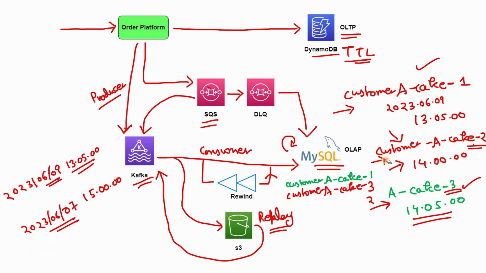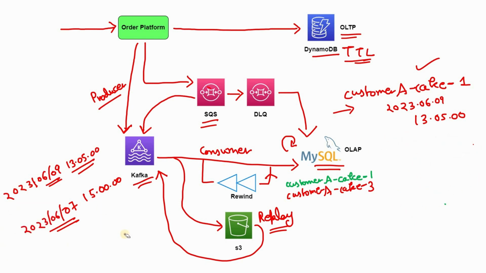Let me erase these events. So they will store that here, at 13:05 the customer has ordered. Now suppose the order update, that is quantity to 3, is coming. That is the third update the customer has made, maybe at 14:00, for example.